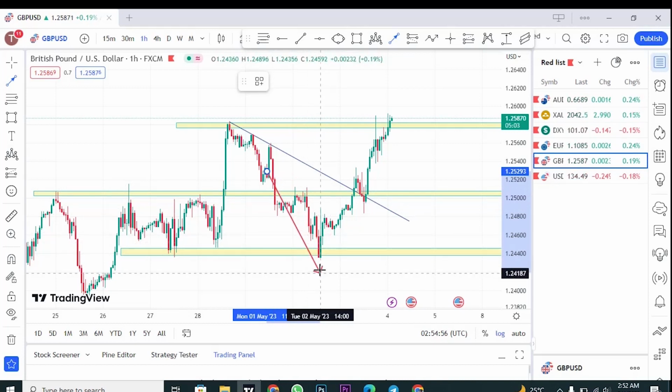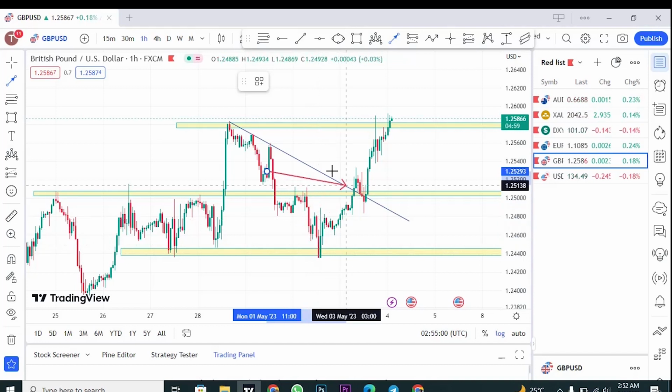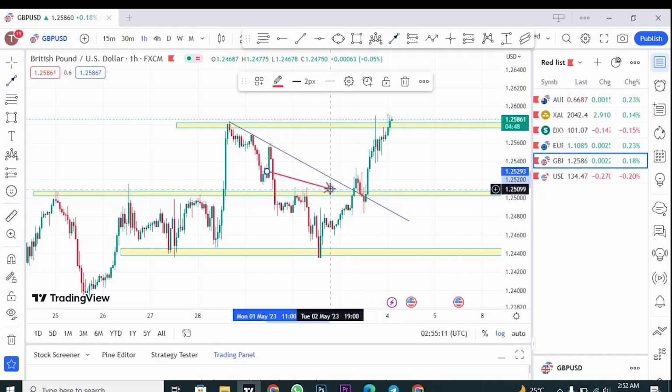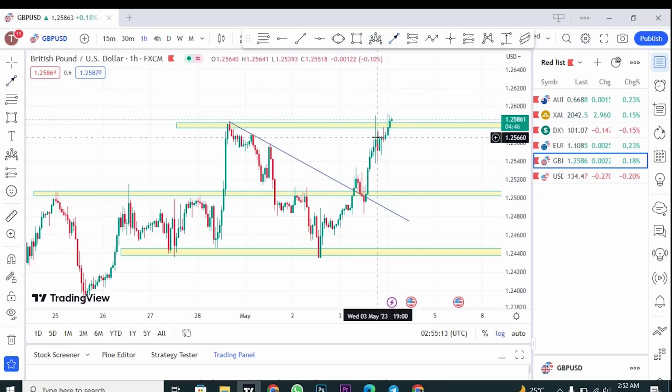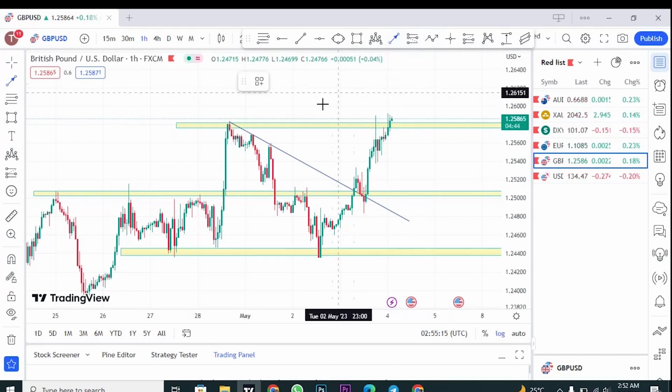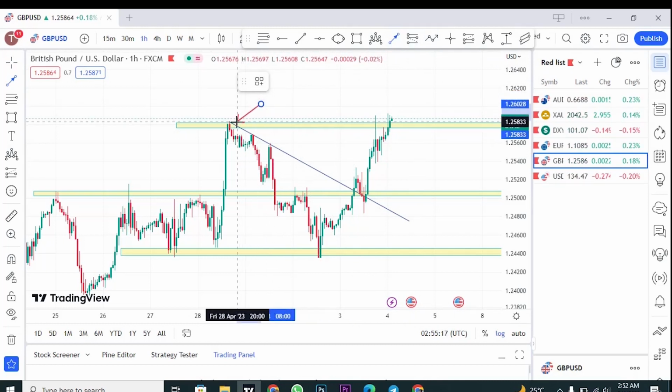Now price eventually ended up moving all the way, breaking this, retesting it, and then pushing all the way to the downside right here. At this point, I didn't take any position because I knew I had my trend line strategy drawn right here. So when price is able to rally all the way to the upside and break out of my trend line, that is where I am going to take my trade. And as you can see, price eventually presented me with a nice and good setup right there.